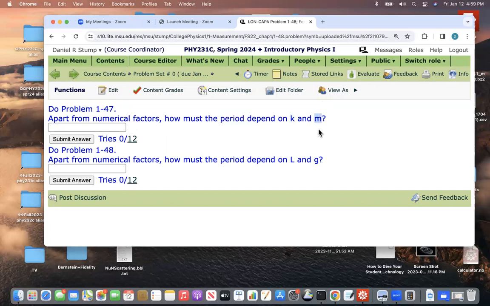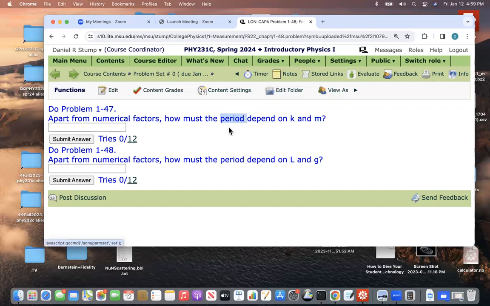K is a force divided by a length, so it'll have units of kilogram divided by second squared. So if I take M divided by K, that'll have units of second squared. And if I take the square root of that, that'll have units of seconds. And that's the correct unit for period.